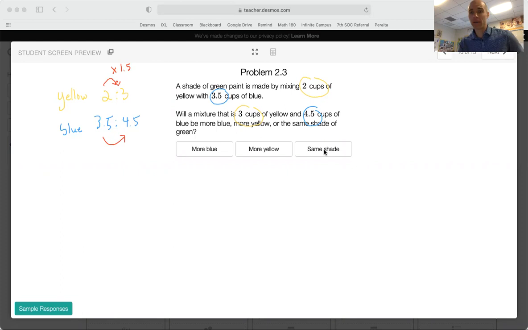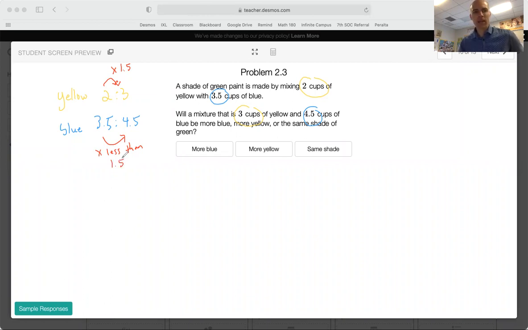It'd be something bigger than 4.5. So whatever this ratio is, even though I'm not going to do it in my head right now, I know that it's something less than 1.5. It's about 1.3 if I had to guess.